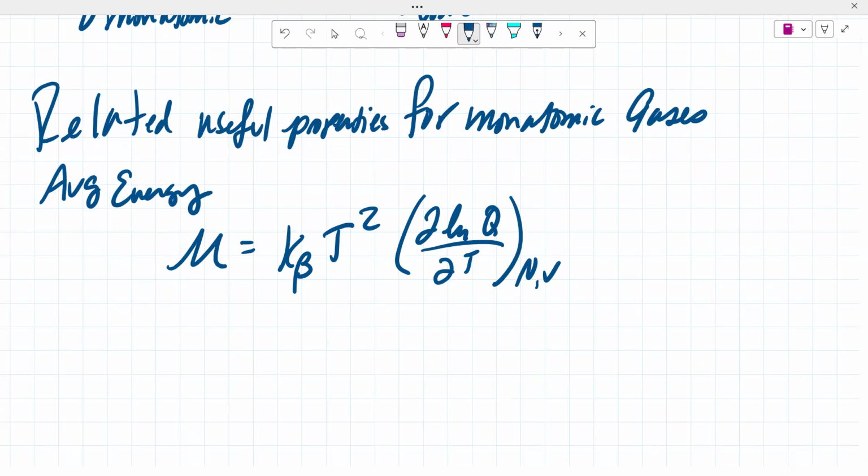We just did the translational average energy previously. This is how we'd know it's the whole system. Yes, we should note this right here. That's why it's a capital letter.